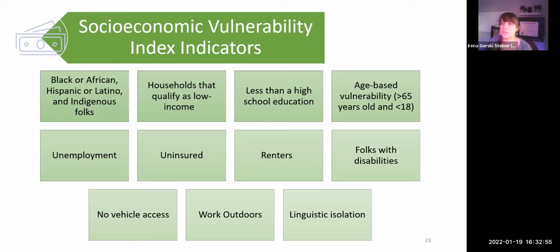All this data is from the American Community Survey and available publicly by census tract. And these are also important indicators of socioeconomic vulnerability as it relates to the environment and people's ability to respond to climate change and other related issues.